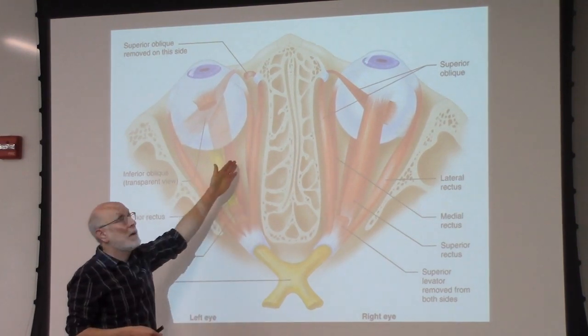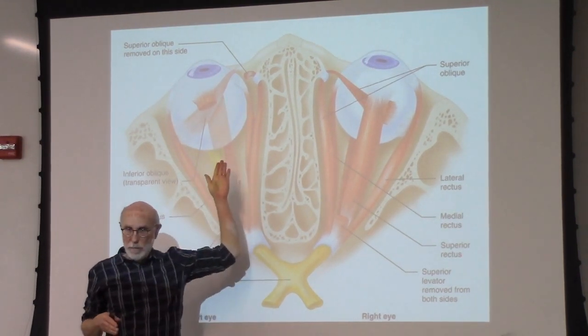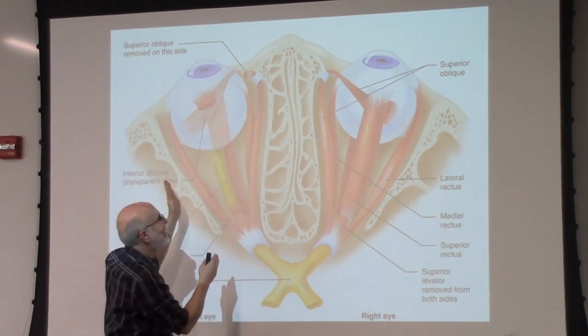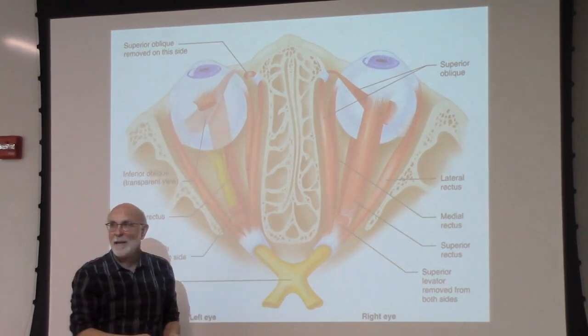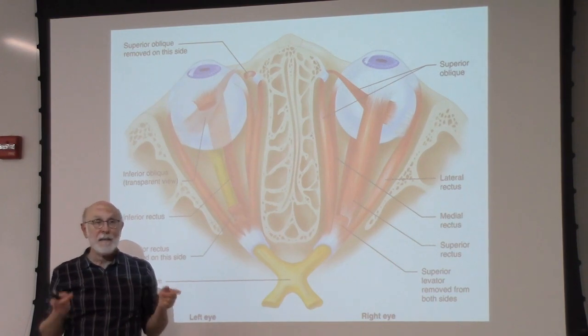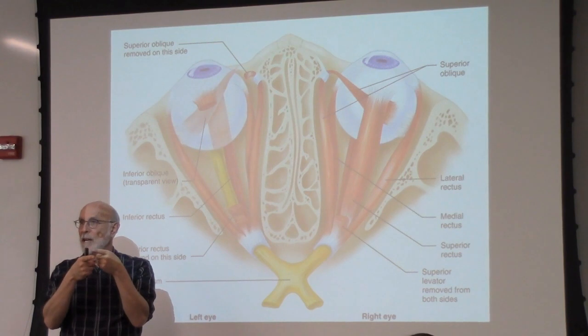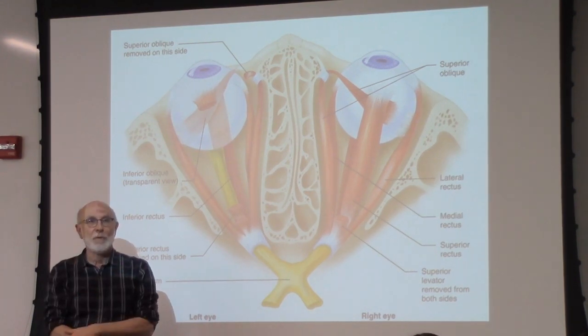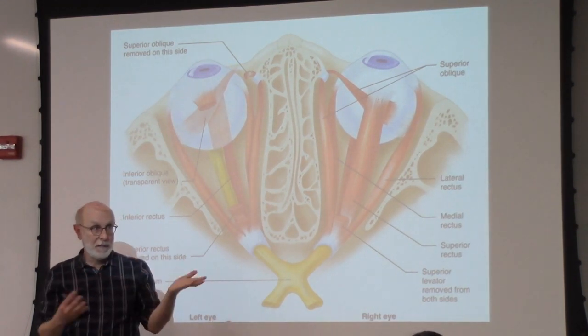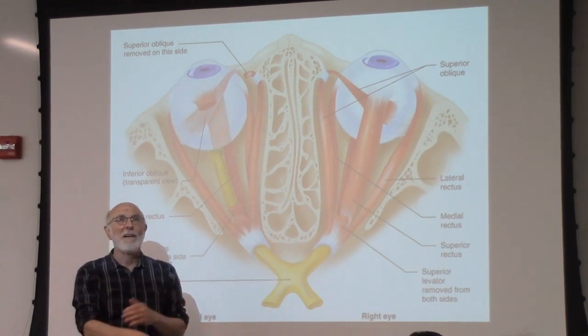And the medial rectus on the left moves the left eye to the right. And obviously I can contract those at the same time and force myself into a cross-eye. That one I can do. I don't like to do it. It doesn't help me see, but that one I've learned how to do.